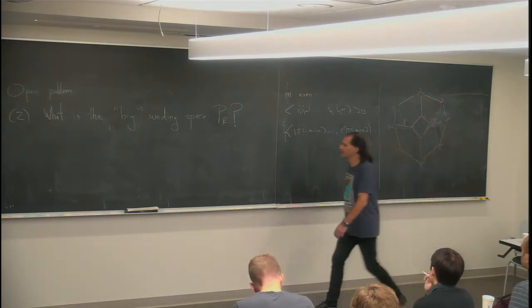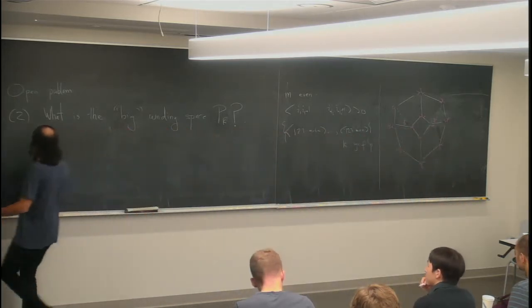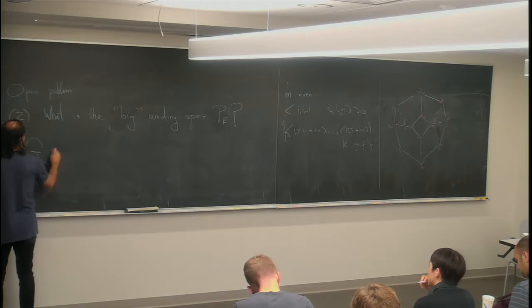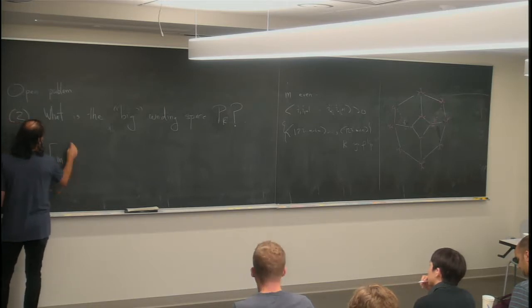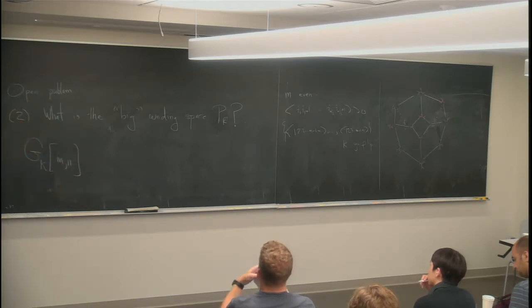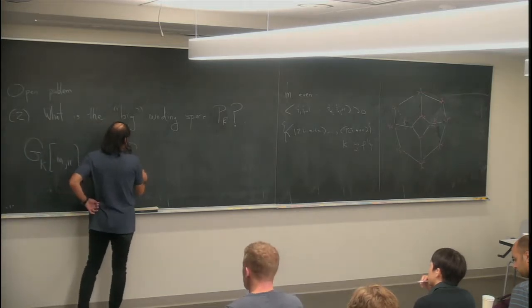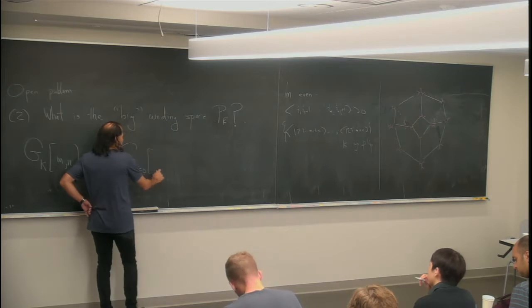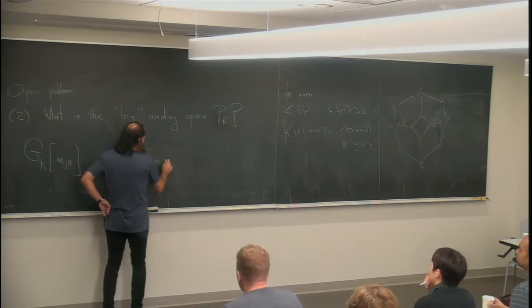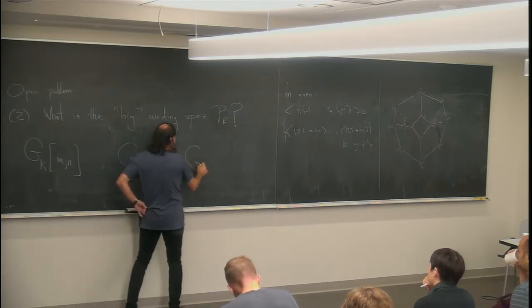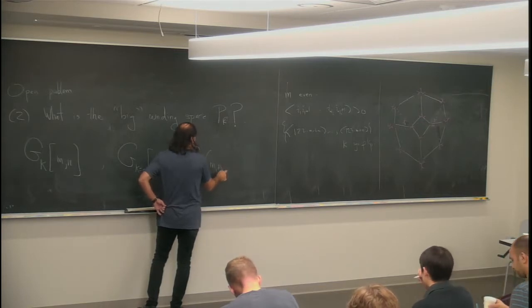So we can call this space, let's give it a name. I'm going to call it G sub k of m, n. Okay? The first observation, just a trivial observation, is that G sub k equals 0, no sign flips, of m, n is just a conventional positive Grassmannian, G plus m, n.